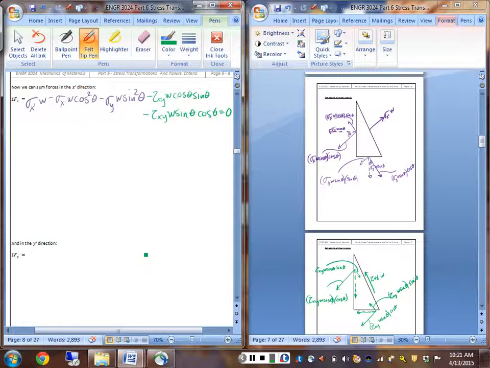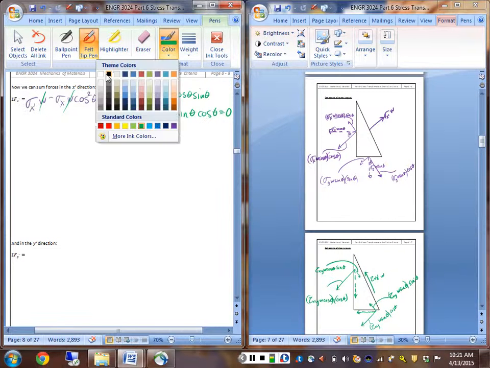Well, we see one thing, w falls out. And what do we actually want? We actually want our sigma x prime. We want to know what our stress is in our new transformed coordinate.